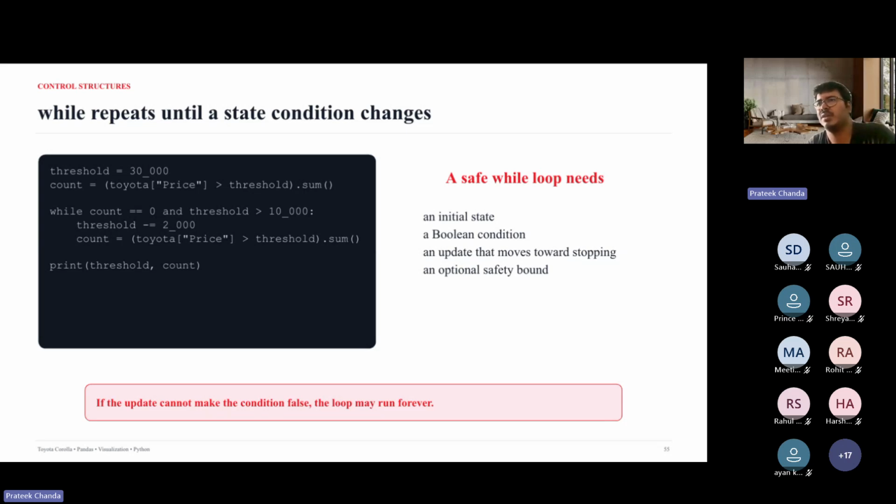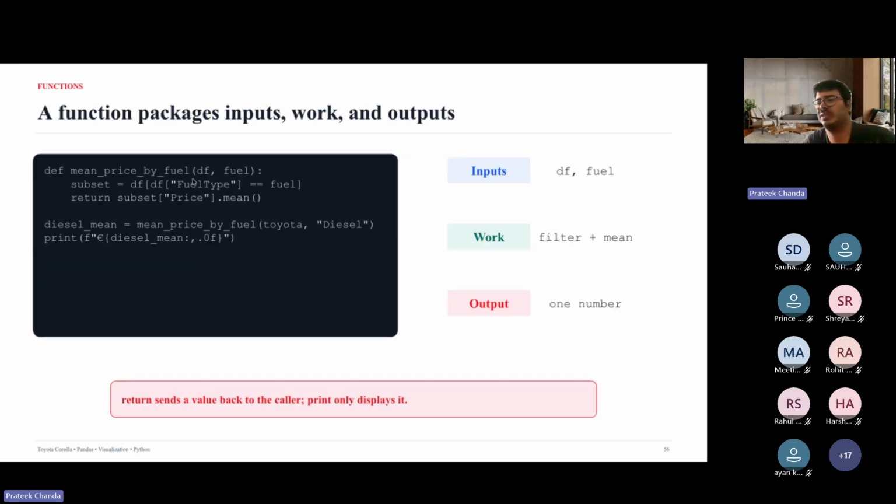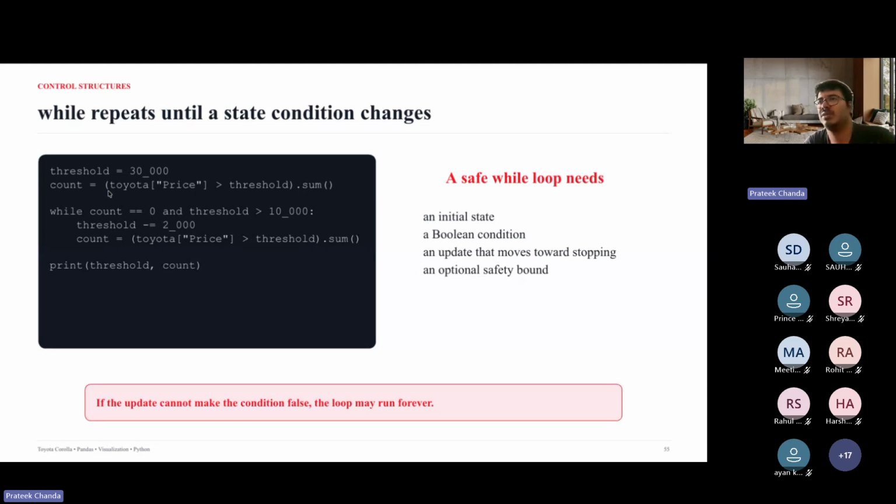For example, here we are initiating a variable count, which means how many of the cars have a price greater than or equal to 30,000, and we are summing them up. We initiate count equal to 0 and we set a threshold.